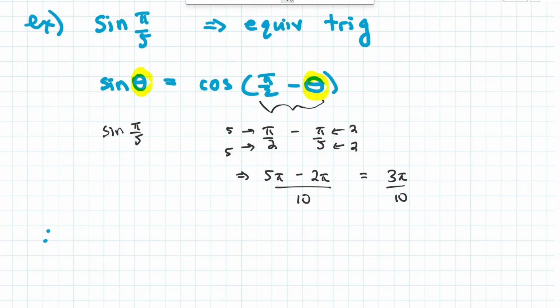So therefore, I would say that sine pi over 5 equals cos 3 pi over 10. So we were able to rewrite this in terms of another trigonometric ratio, which is really cool. Because sometimes when we're trying to prove identities or graph certain things or solve trigonometric equations, it's sometimes easier to actually see a function as another function instead.